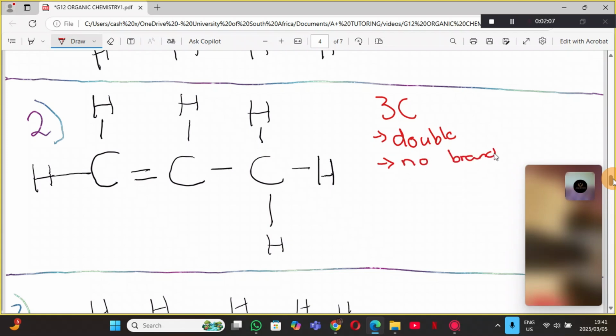So a double bond gives me what? The functional group? Alkene. So my name ends with "-ene", meaning 3 is named as prop, right? So now I have propene.